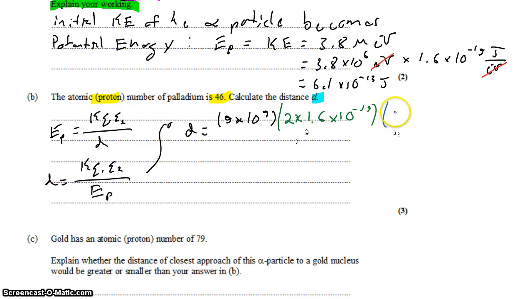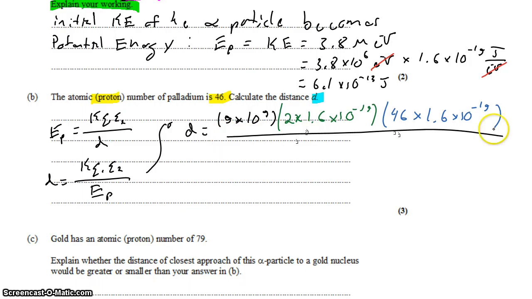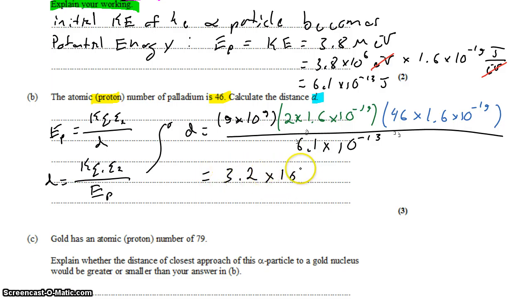There are 46 protons, each with a charge of 1.6 times 10 to the negative 19th. So 1.6 times 10 to the negative 19th shows up twice in the equation. And we'll divide all of that by the potential energy, 6.1 times 10 to the negative 13 joules. That goes into the calculator, and we get 3.2 times 10 to the negative 14 meters.